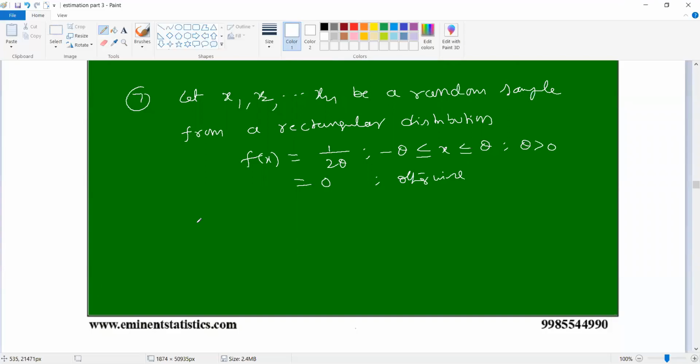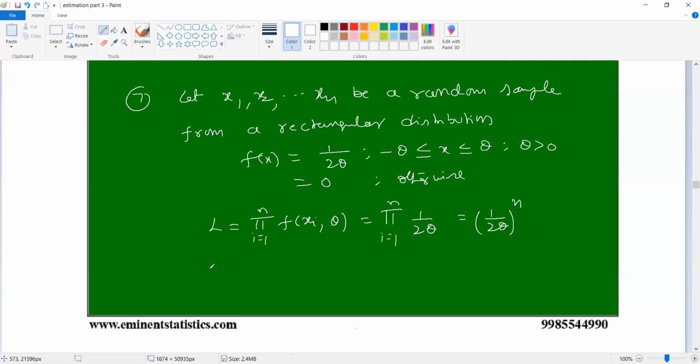Now, the likelihood function L is equal to the product, i is equal to 1 to n, of f of xi comma theta, which is the product of 1 by 2 theta, that is equal to (1 by 2 theta) whole power n.